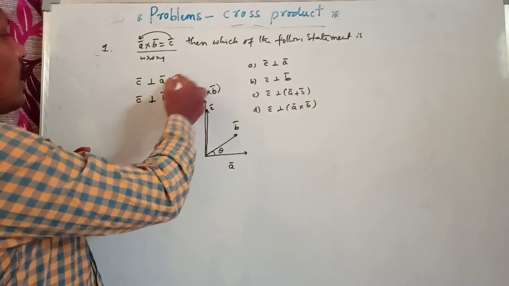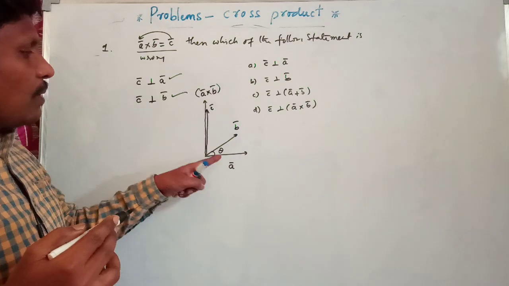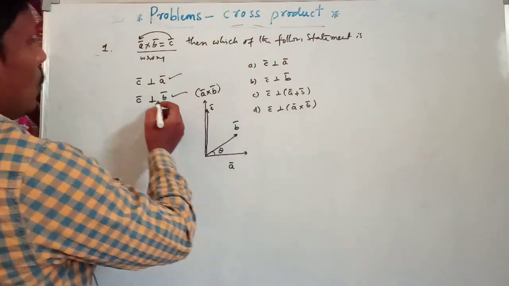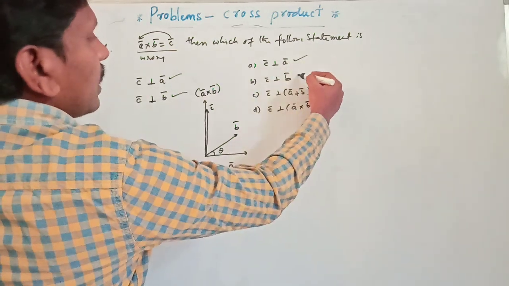C bar is normal to A bar and also normal to B bar. Okay, this is right and this is right.